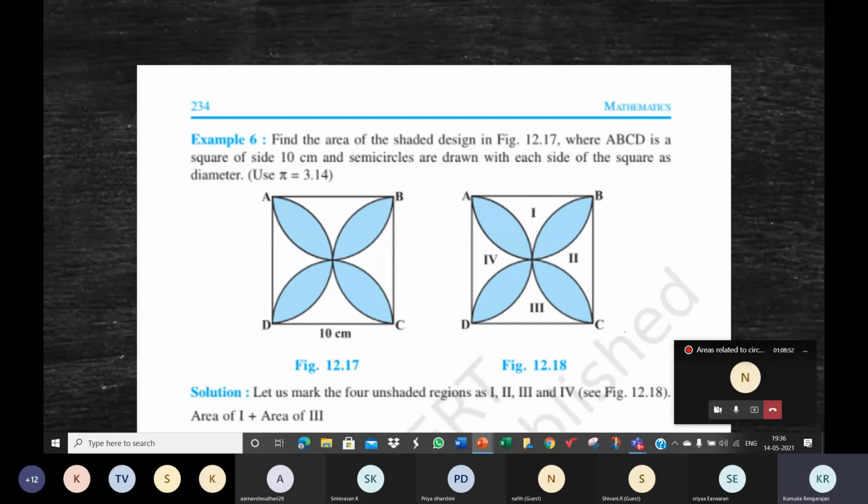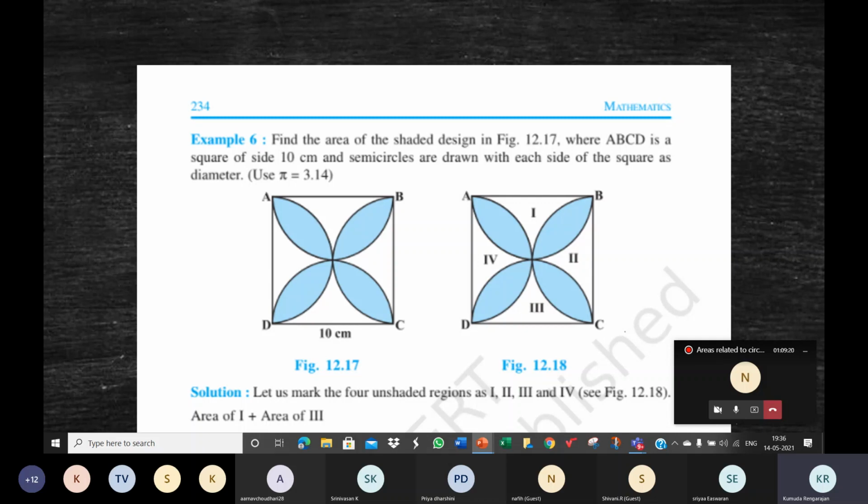The total area of the square is the area of the shaded region and the unshaded region put together. So from the area of the square, if you take away the area of the unshaded region, you will be left with the area of the shaded region.